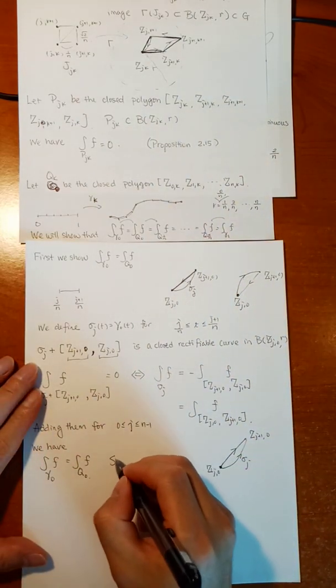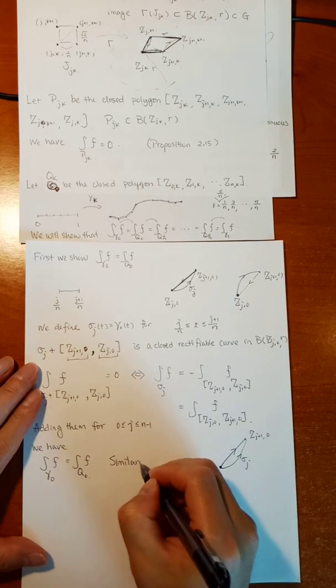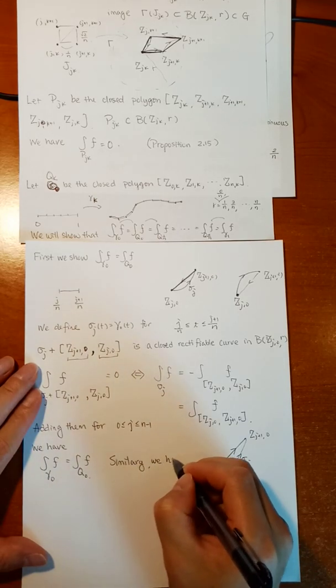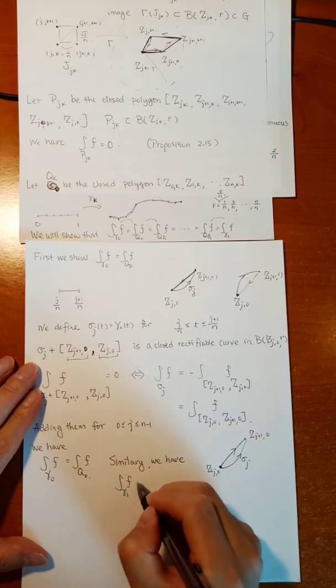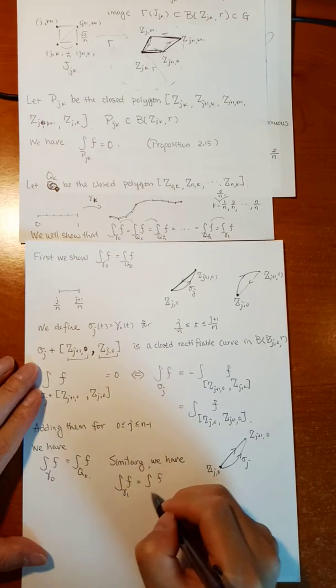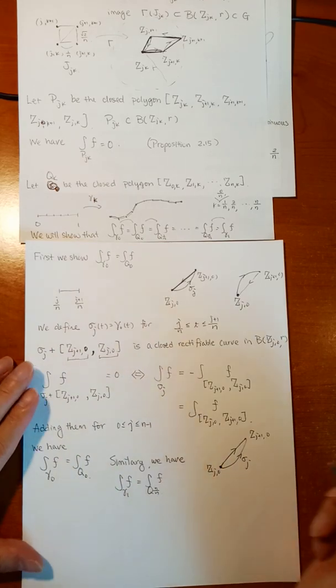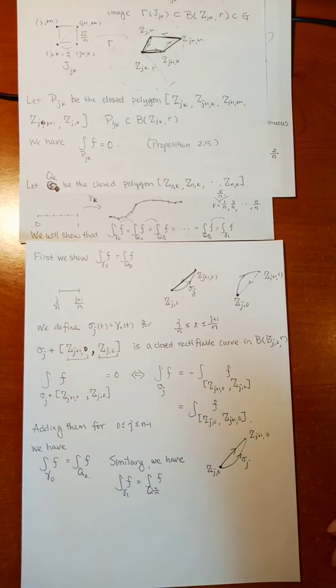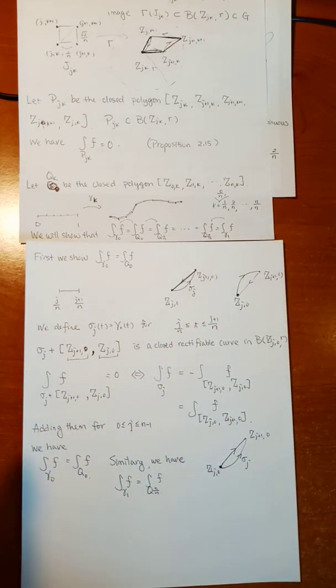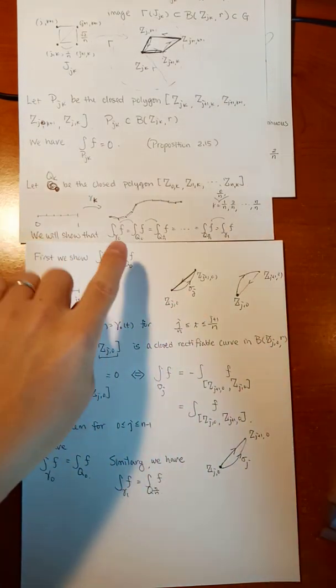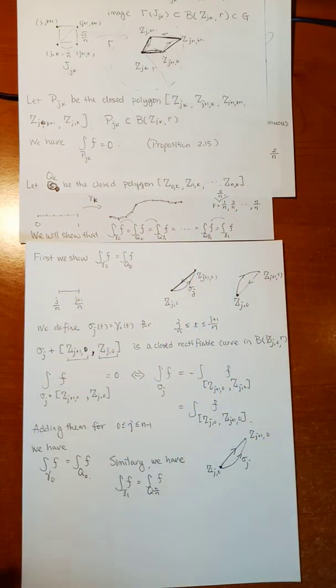So similarly, we have the tail, q n over n. So next we're going to prove them from q j over n to q j plus 1 over n.